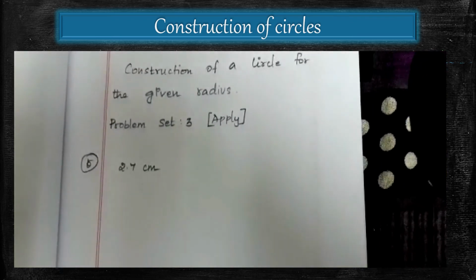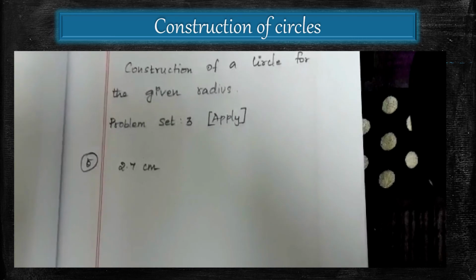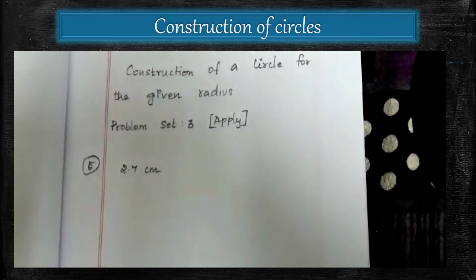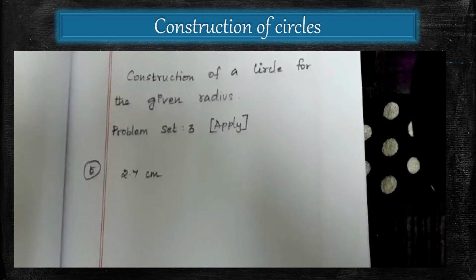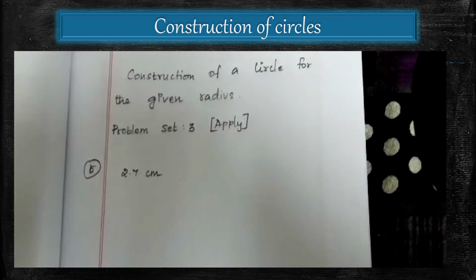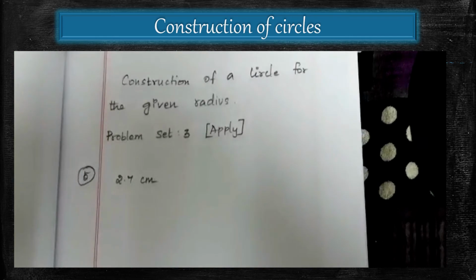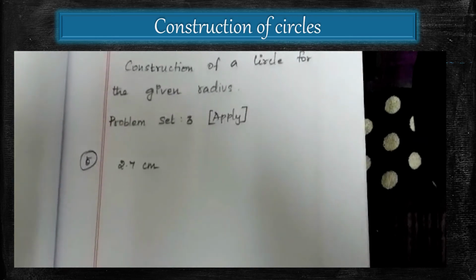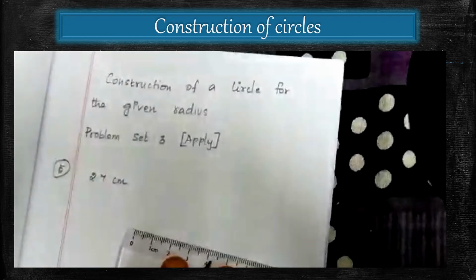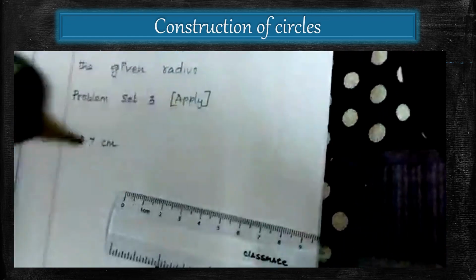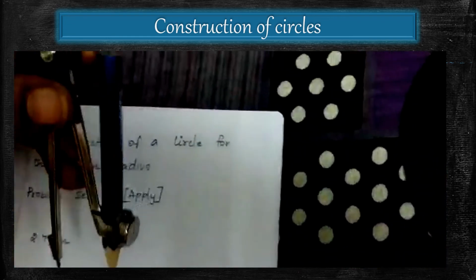One way is to first draw the radius as a line segment of 2.7 centimeters. Then you take the measurement of this line segment using your compass. Then you draw a circle. Or the other method is to take a ruler. Now this is your compass.